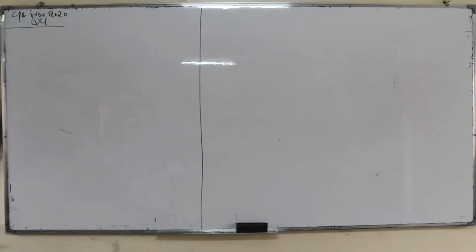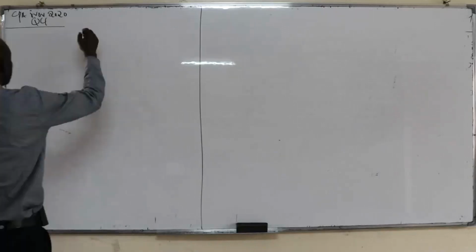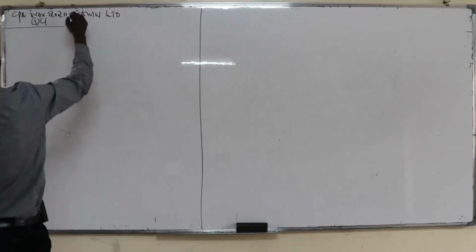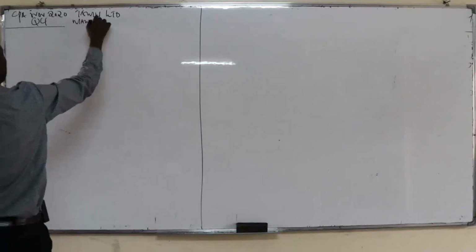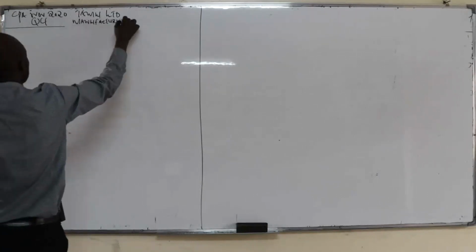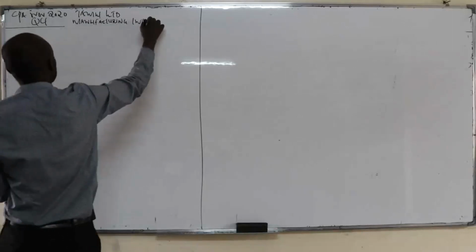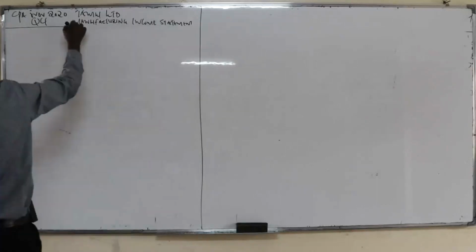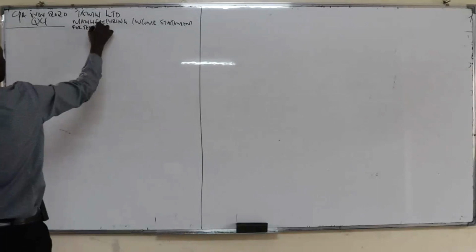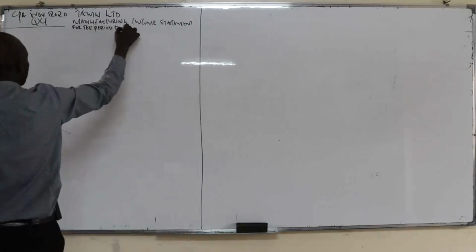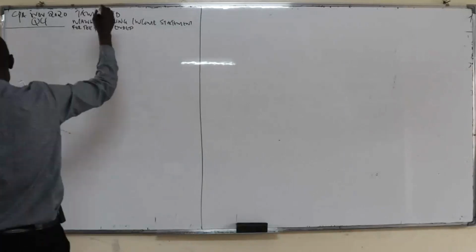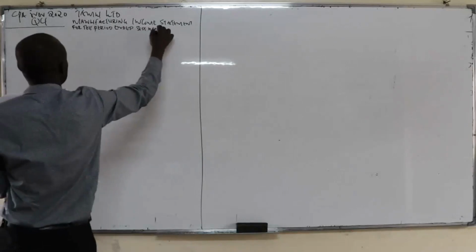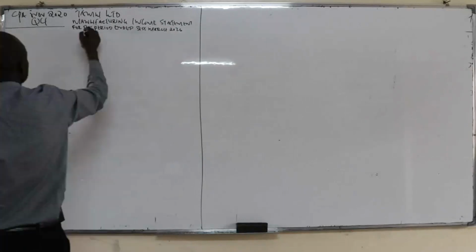So this is the format. So write there Tamu Limited, manufacturing income statement for the period ended 31st March 2020, and then you underline.